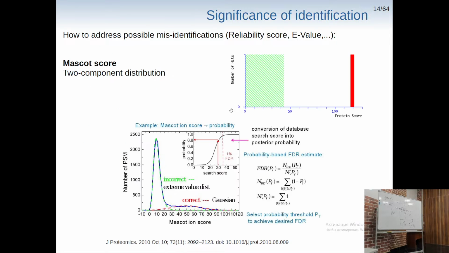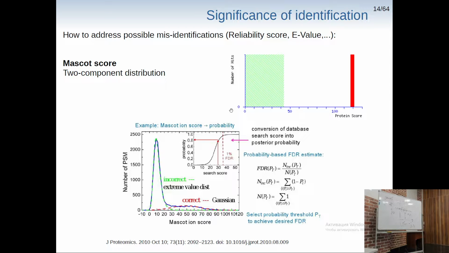But the problem is that for different search engines, you will have different measures. Absolutely different. You can't compare results that Andromeda provided you with, let's say, X!Tandem or Mascot.